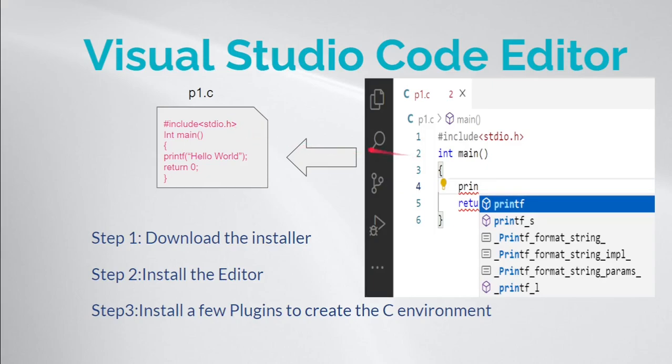But its main goal will be to help you create these source files in an easy or comfortable way. One snap I showed here: say for example, if you only type PRIN and that's all, automatically, just after typing the first few letters, maybe two or three, this intelligence pops out.